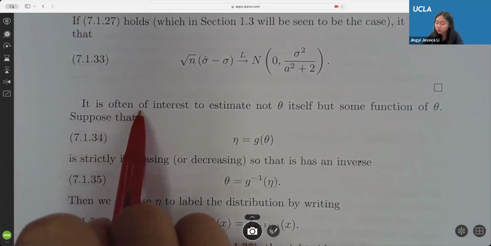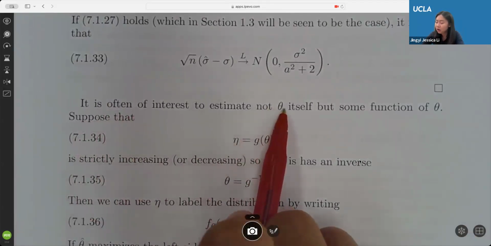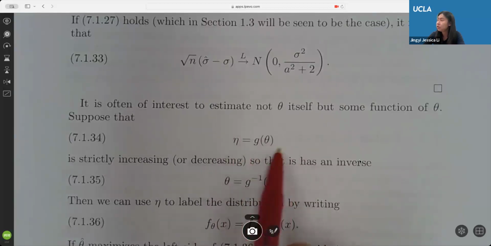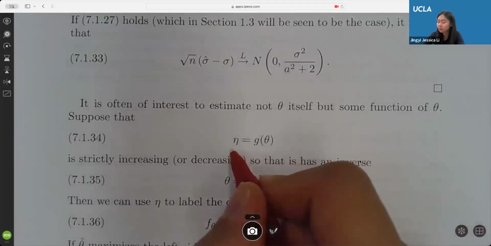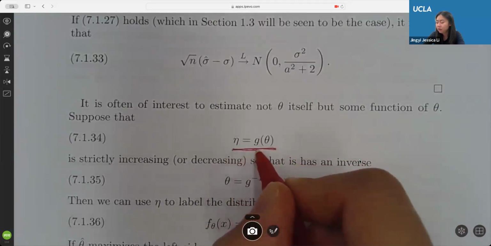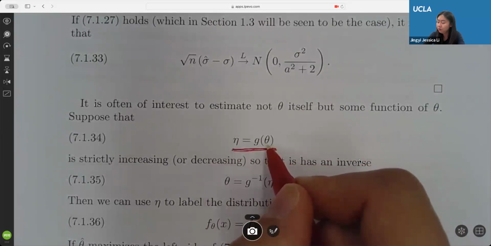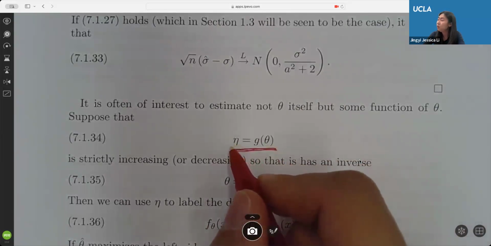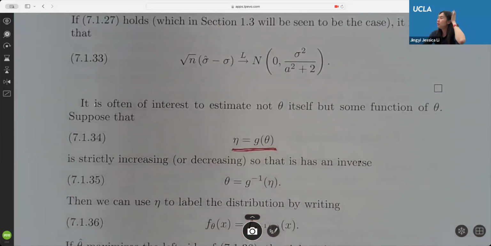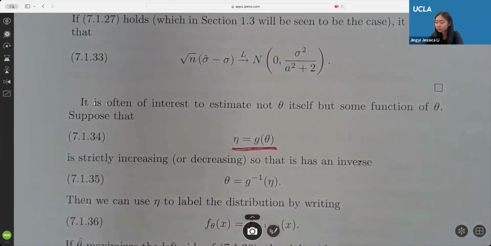It is often of interest to estimate not theta itself, but some function of theta. So now we talk about the reparameterization, or parameter transformation, perspective. In this case, our parameter of interest is not theta itself, but eta, and we know eta is a function of theta. In some applications, the parameter you are interested in is not just a natural parameter of your distribution, but some transformation of it.